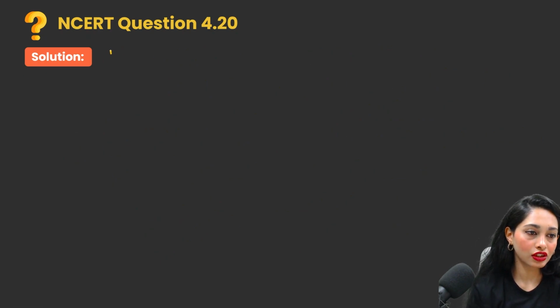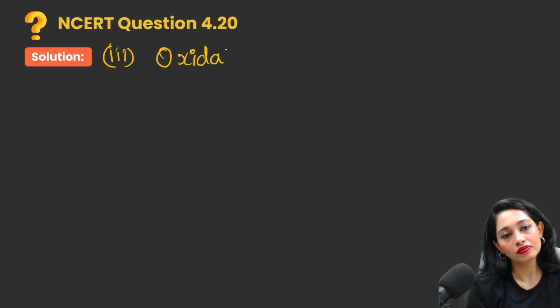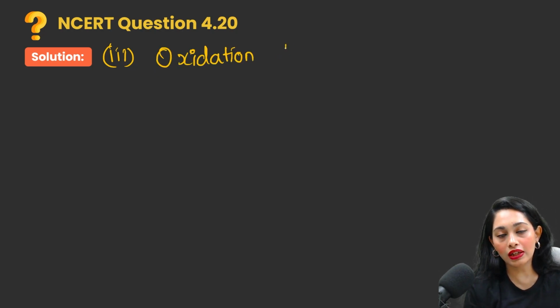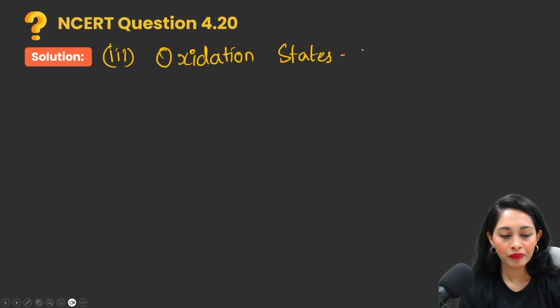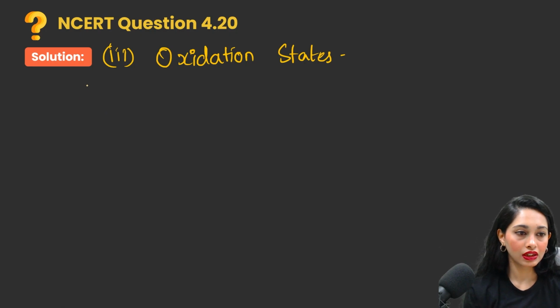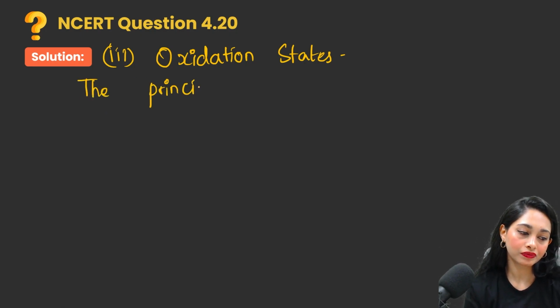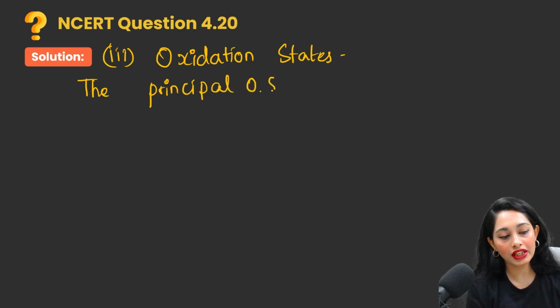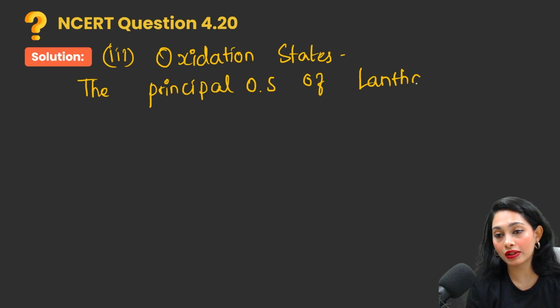Okay, next the third factor is about oxidation state. So lanthanoids as well as actinoids show variable oxidation states. So the principal oxidation state (OS) of lanthanoids is +3.